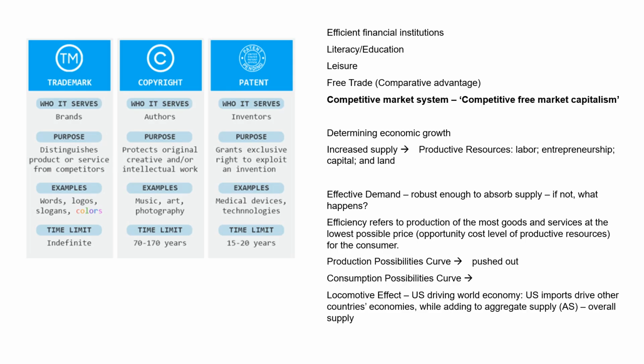The idea is that with this locomotive effect, if the U.S. economy is growing, chances are we will also be doing what? Back to that consumption possibilities curve, we will be importing more goods and services, right? And by importing more goods and services, what does that do? It helps grow the other economies in the world. So this is, again, this locomotive effect, this is something that we're experiencing currently.